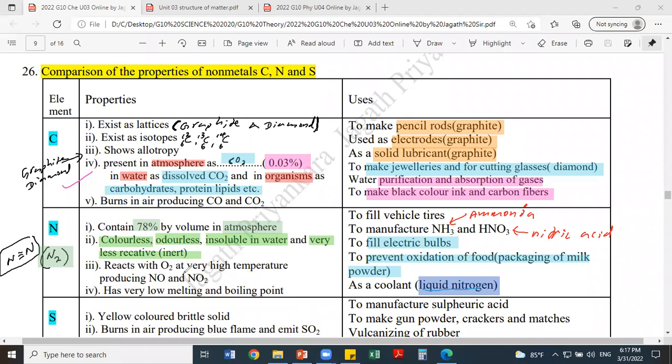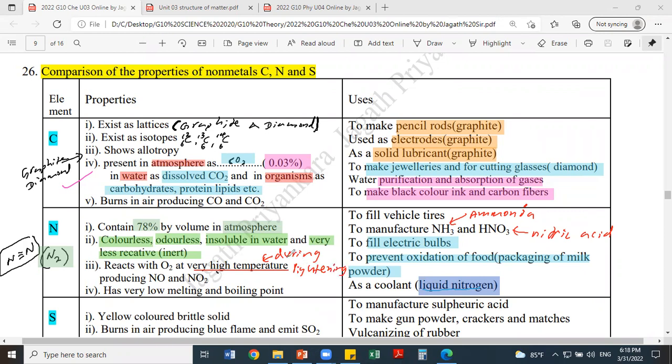But during lightning, at very high temperature, you can underline this and write high temperature, atmospheric nitrogen will react with oxygen. During lightning, what happens?